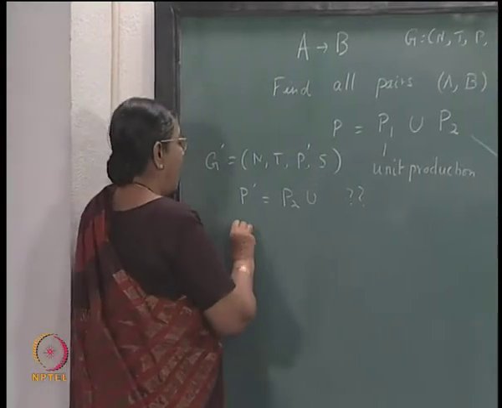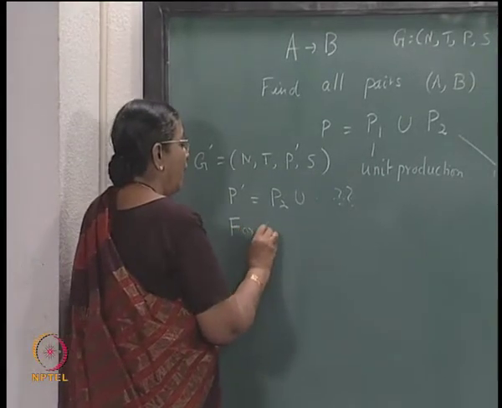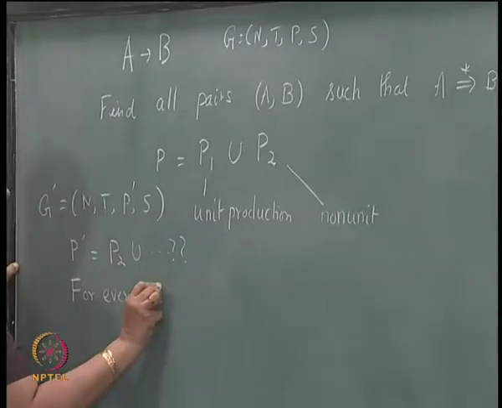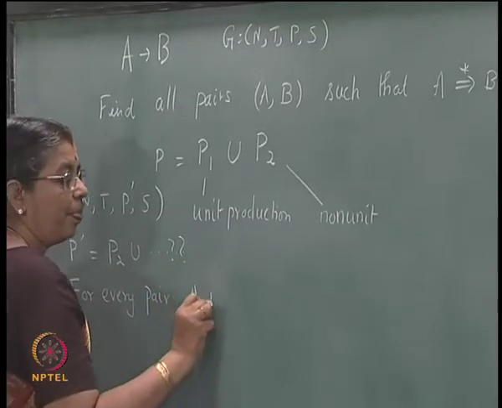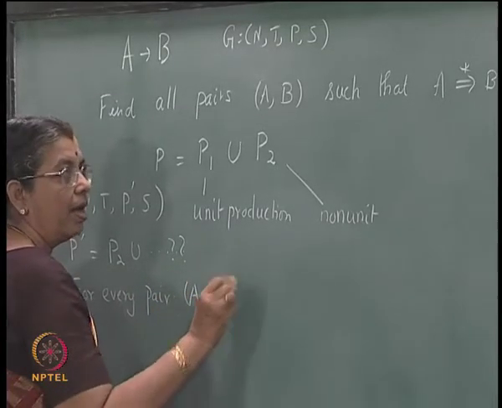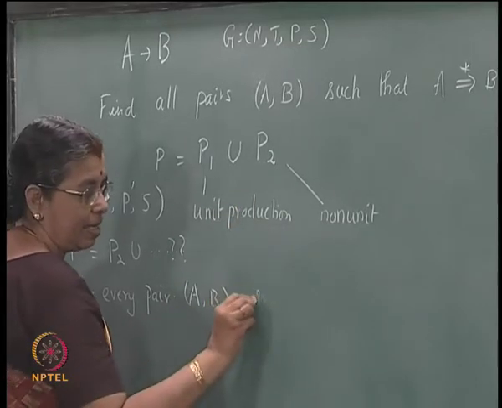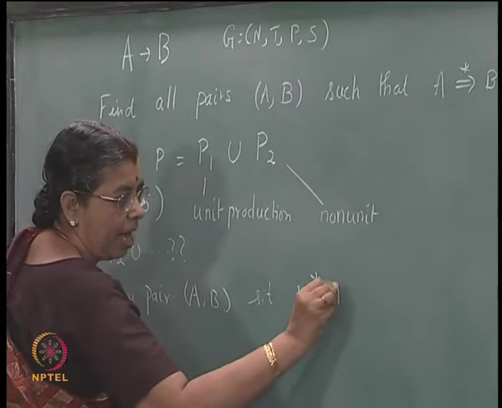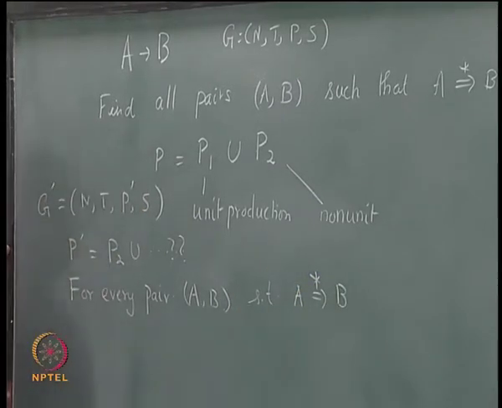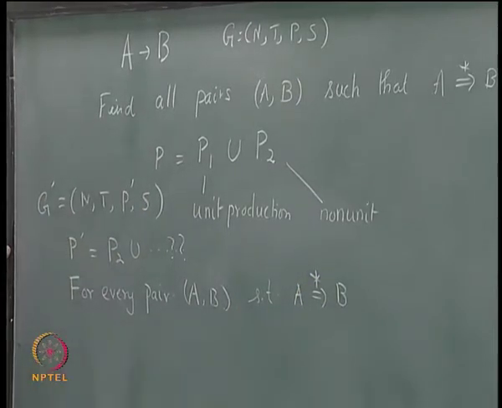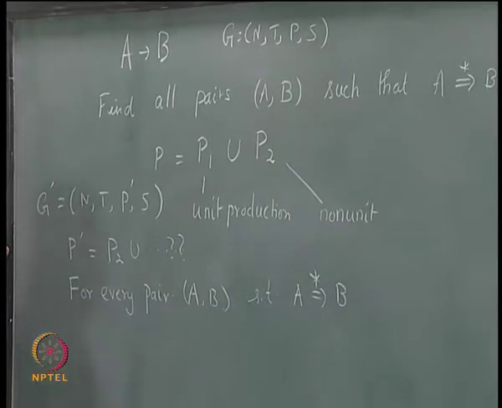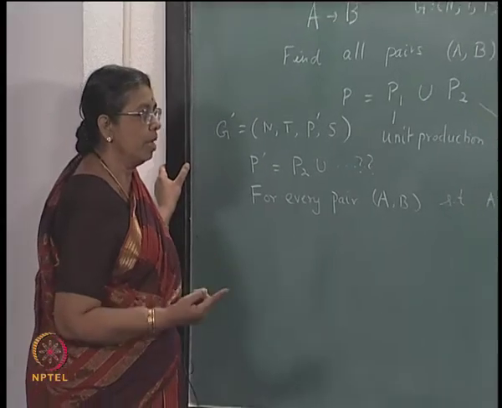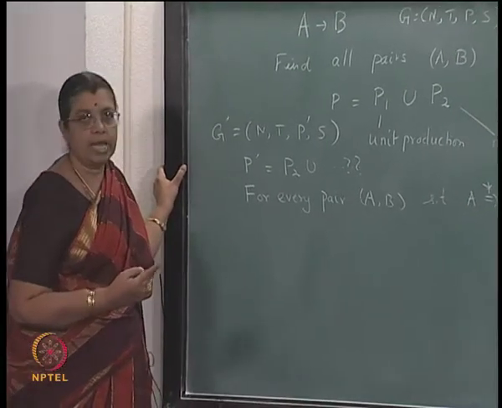Now, for every pair A, B such that from A you can go to B by unit productions, it may not be in one step. If A goes to B is a unit production, you can go in one step. Or if you have A goes to C, C goes to B, then you will go to B from A in two steps.